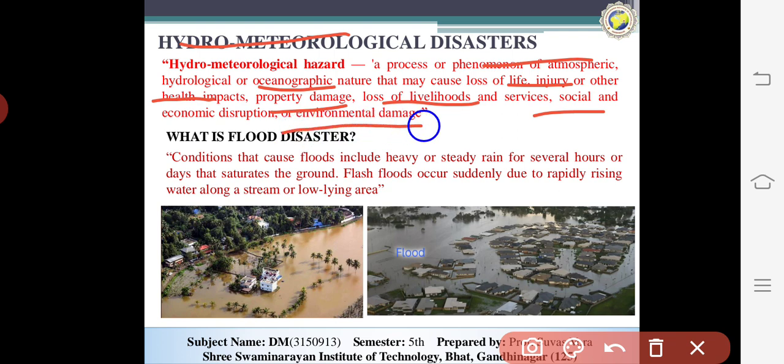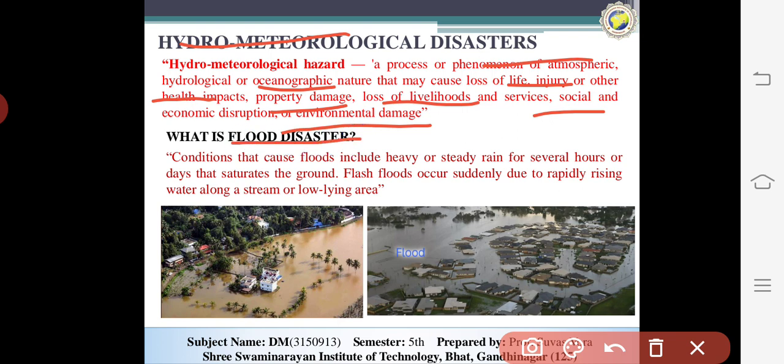This is called a hydrometeorological disaster. There are different types of hydrometeorological disasters. Here you can see that the first one is flood.